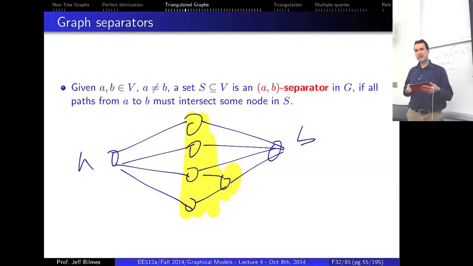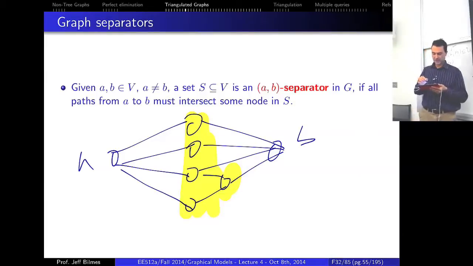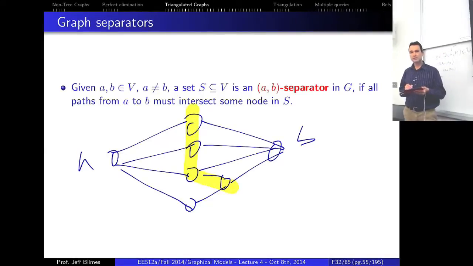Is any subset of that yellow bit also a separator? Well, do we absolutely need to have this node in the separator? What if we just took this as a separator? That would also be a separator, right?